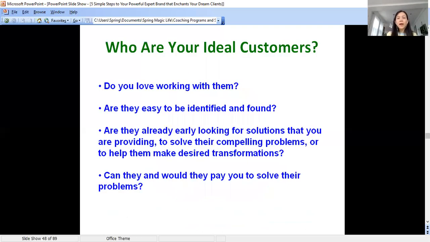And who are your ideal customers? You have a few simple questions to filter if they are your ideal customers. Do you love working with them? Are they easy to identify and find in the market? Are they already eagerly looking for the solutions you are providing to solve their compelling problems or to help them make desired transformations?